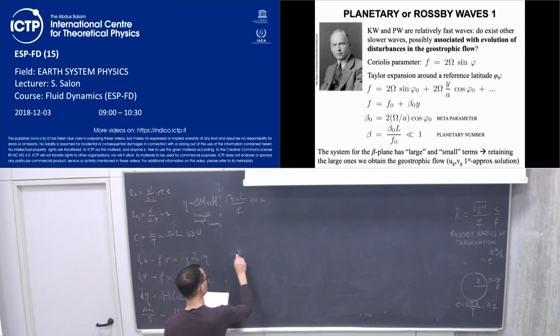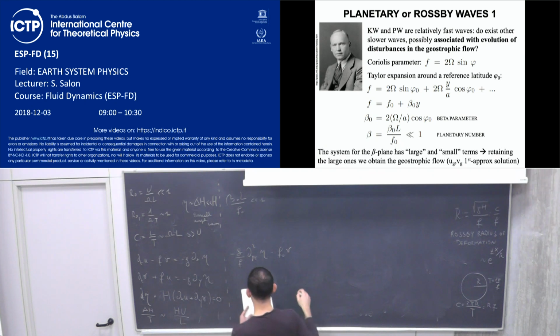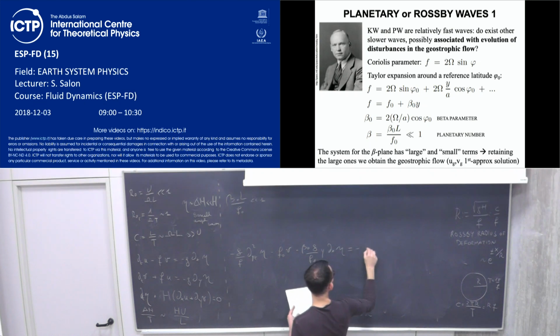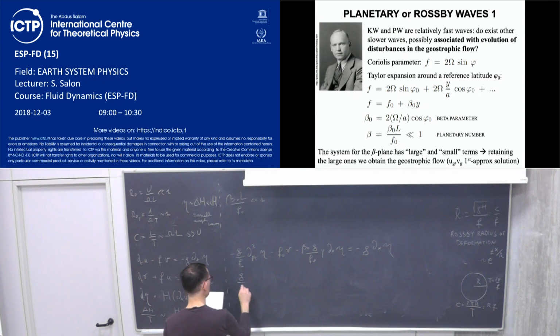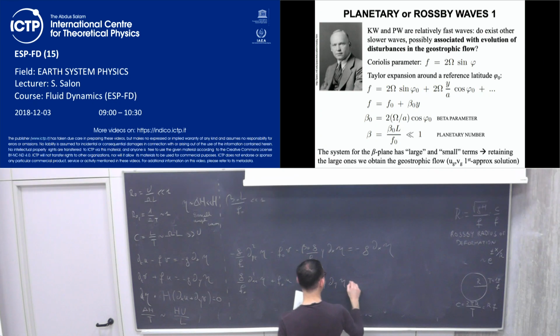So what we will obtain will be something like minus g f0 dyt second eta minus f0 v minus beta 0 g over f0 y dx eta equal minus g dx eta, and g f0 dyxt eta plus f0 u minus beta 0 g over f0 y dy eta equal minus g dy eta.